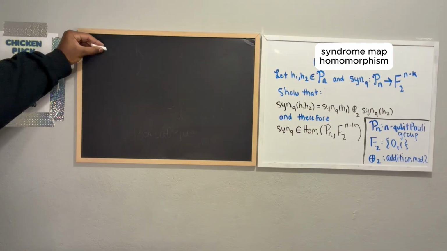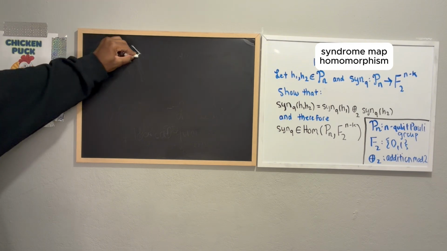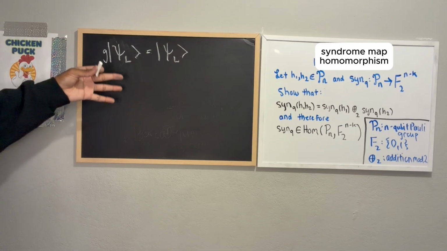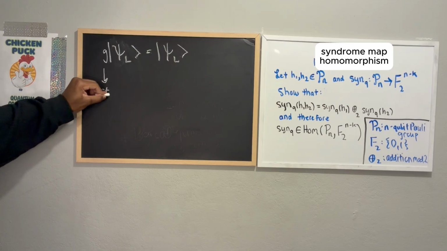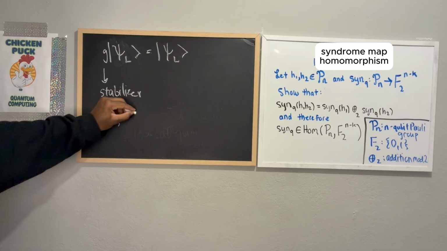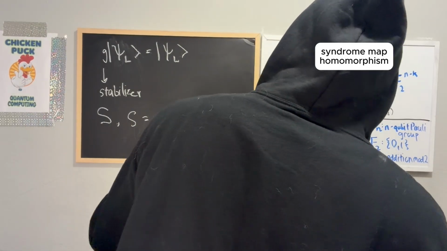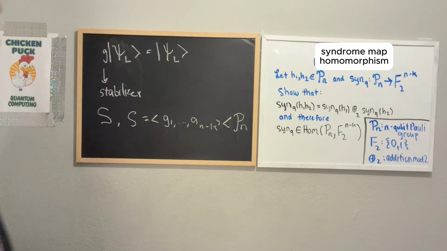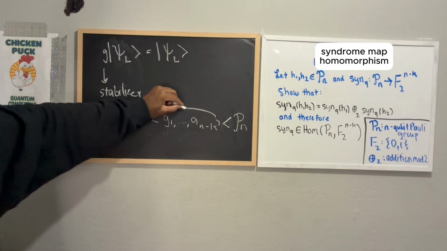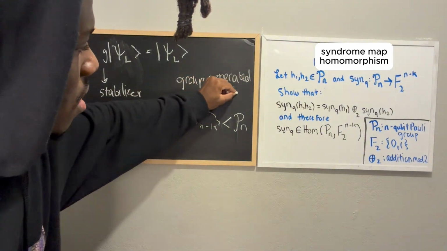Now, let's get into stabilizers. Let's suppose Pauli operator g satisfies this equation for every state in the code space. Then g is a stabilizer, and then the full stabilizer group is written as S. S equals the angle bracket, which means the group generated by these operators.